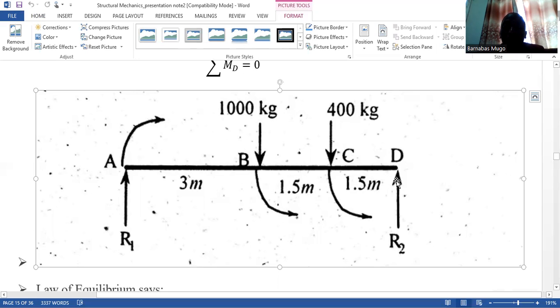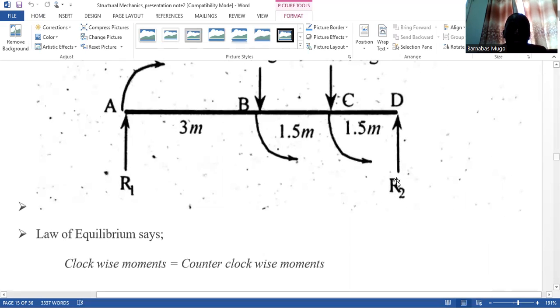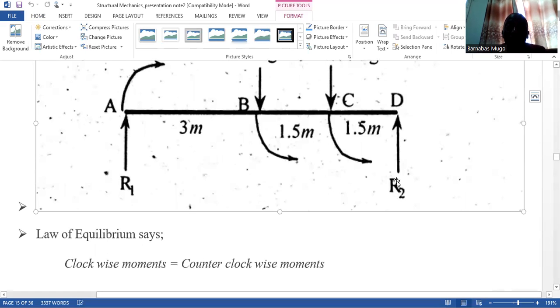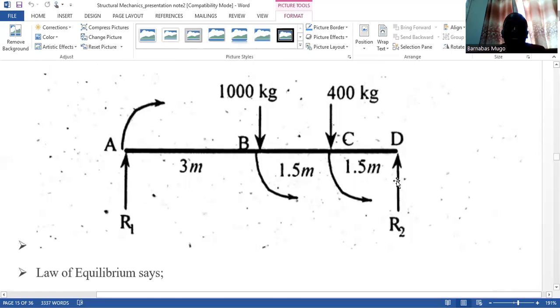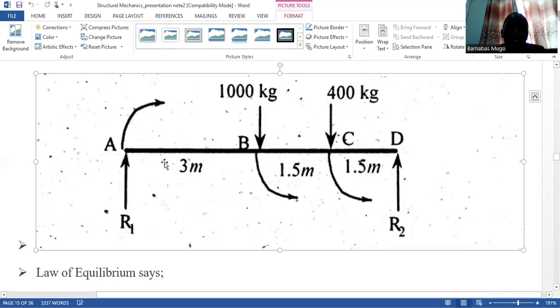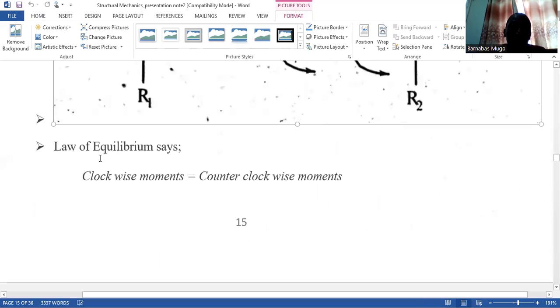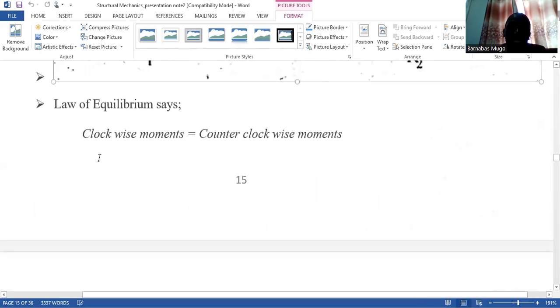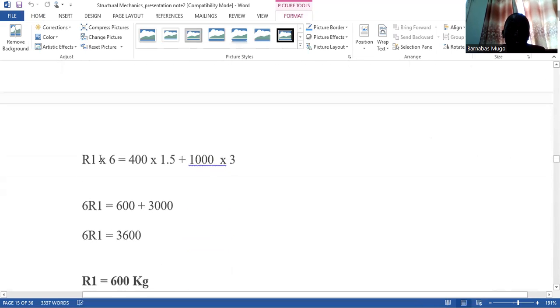Then I am supposed also to say that the clockwise moment is equal to the anticlockwise moment, whereby the only thing that is making our beam go in the anticlockwise direction is A. So the action at A, I multiply by 6 meters. 6 meters is the distance from D to A. That will give me the anticlockwise moment. That is, the clockwise moment should be equal to the anticlockwise moment.